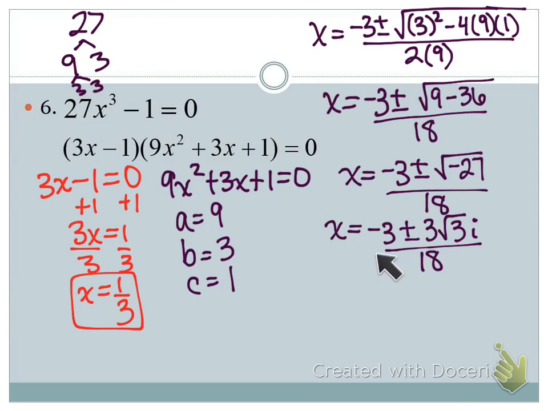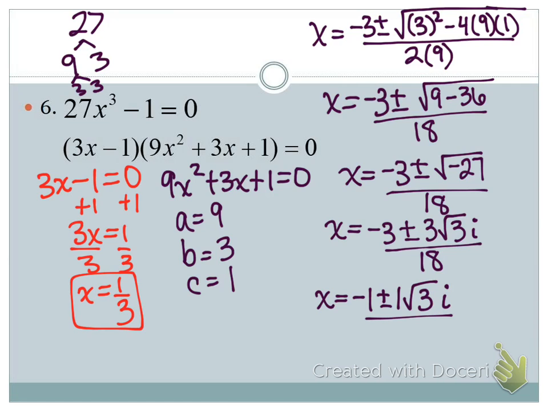Now, what do we notice about negative 3, positive 3, and 18? They can simplify. They're all divisible by 3. So x equals negative 3 divided by 3 is negative 1 plus or minus 3 divided by 3 is 1. Remember, the number under the square root never gets simplified at this point, so that stays a 3 under the radical.